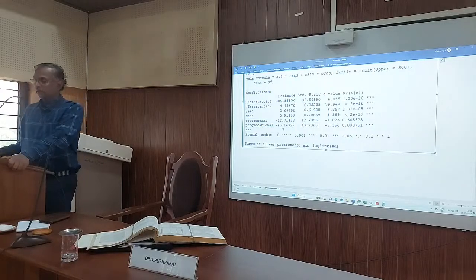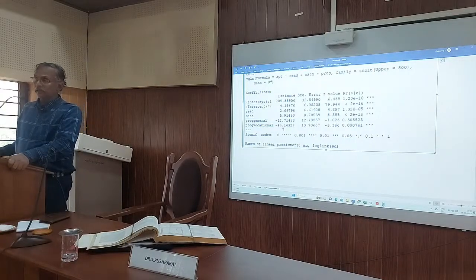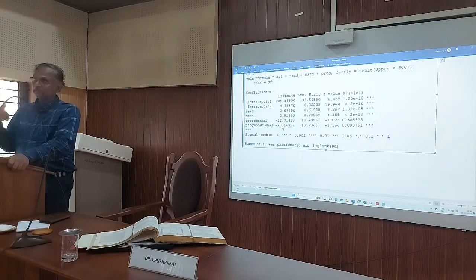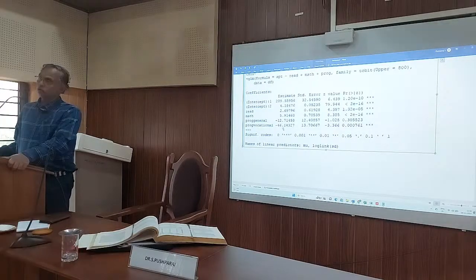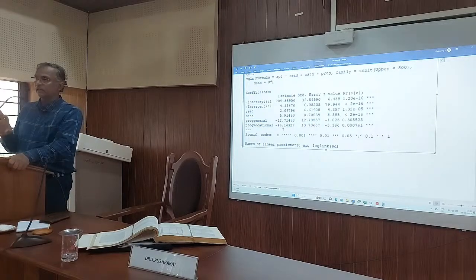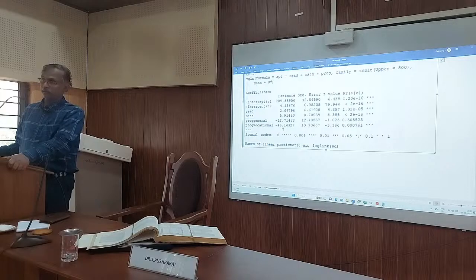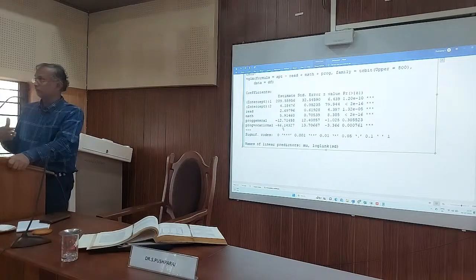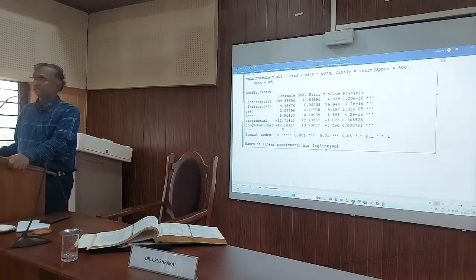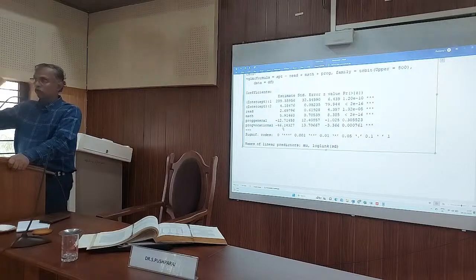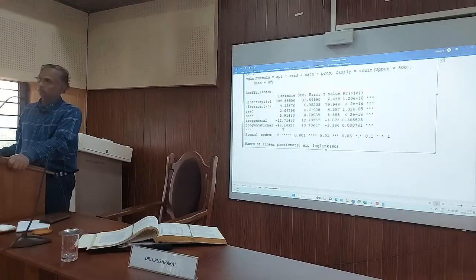And the vocational stream people score 46 units less than the compared group. That's what it says. So this is the interpretation of ANCOVA and ANOVA type models. This is a mean difference; they are scoring less than the base group. So this is how it should be interpreted.